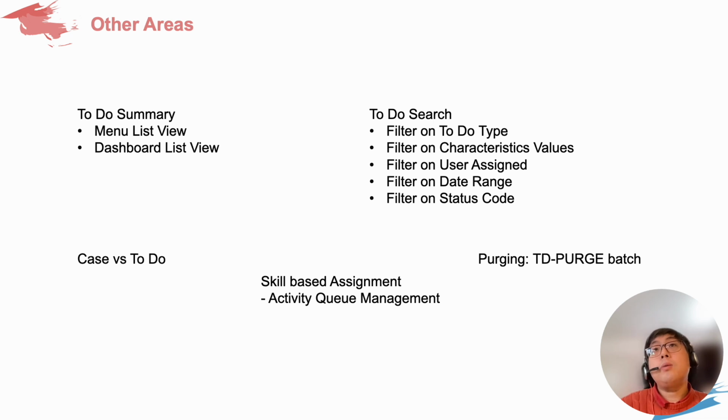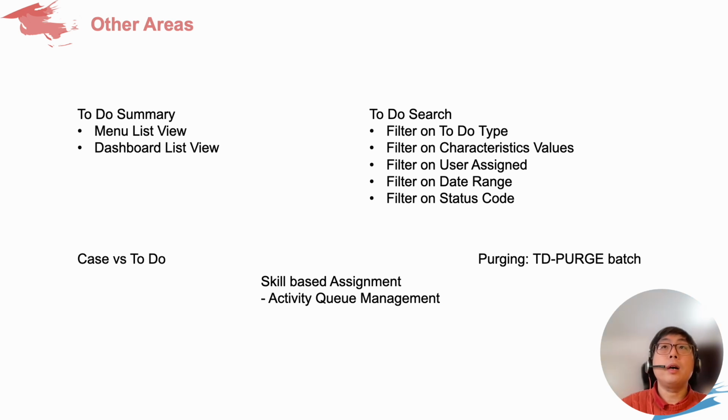Now, second one, to-do search. I believe most of you have seen it. So when you search for a to-do, you can either go straight to to-do entry and type in the to-do ID. In that way, it's quick and easy if you know the ID. But if you want to search for to-dos that have been raised, then you need to go through this to-do search page, which is really powerful.